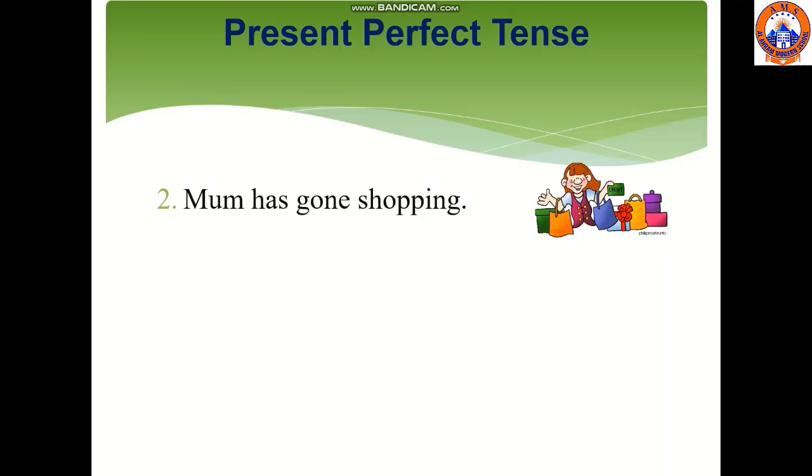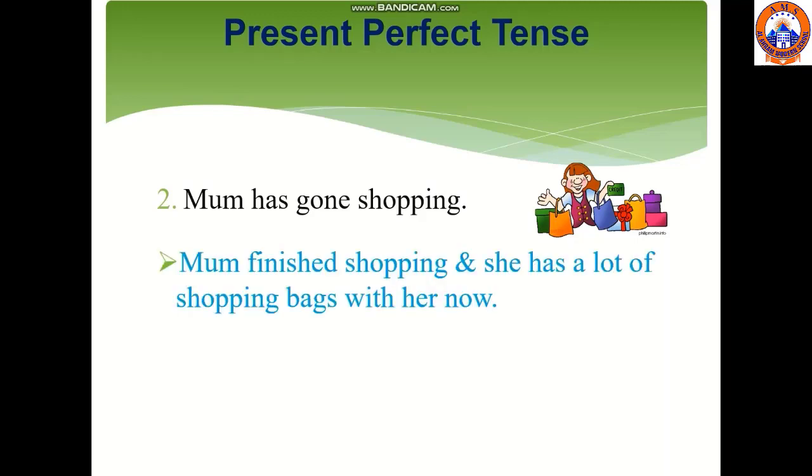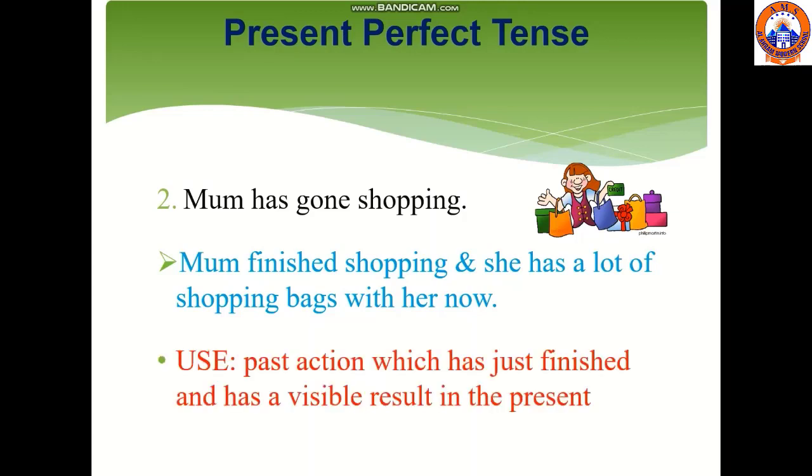She has many shopping bags. So Mom finished shopping and she has a lot of shopping bags with her. So the usage is past action which has just finished and has a visible result in the present. So we still see the result of the action.